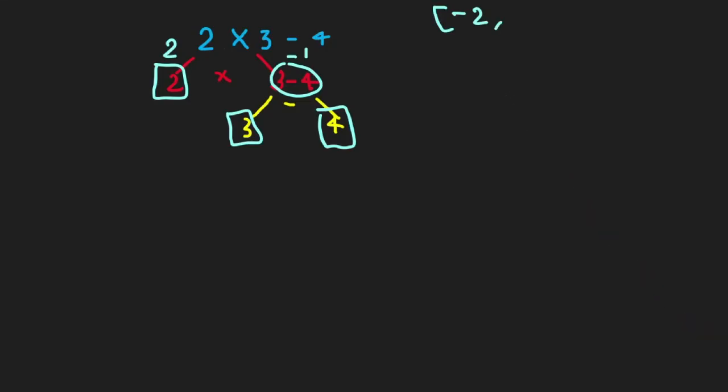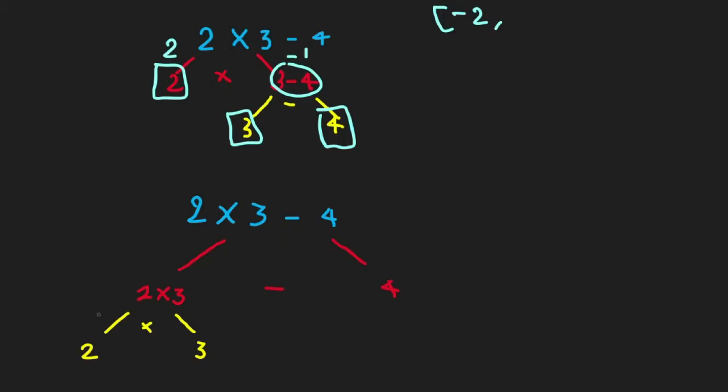Another way we could have broken this expression is here at the minus sign. So we could have said that the left part is 2 times 3 and the right part is 4. Then we can further break it up into 2 and 3, and we of course multiply the results and finally subtract here.